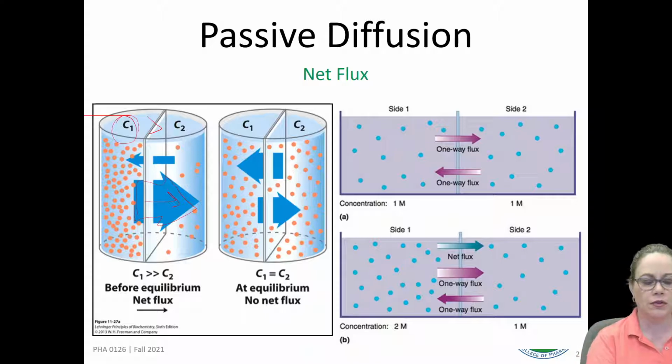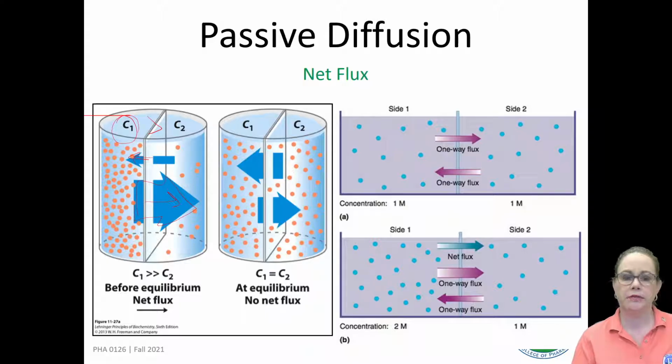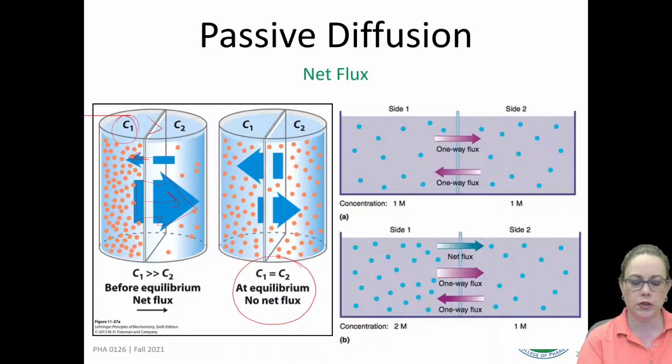The thickness of this arrow for the C1 to C2 direction is much larger than the reverse process, meaning, maybe you have 10 orange spheres moving from the C1 side to C2 side and just one sphere moving from C2 to C1. So this process will continue until we reach equilibrium, which is the beaker on the right-hand side.